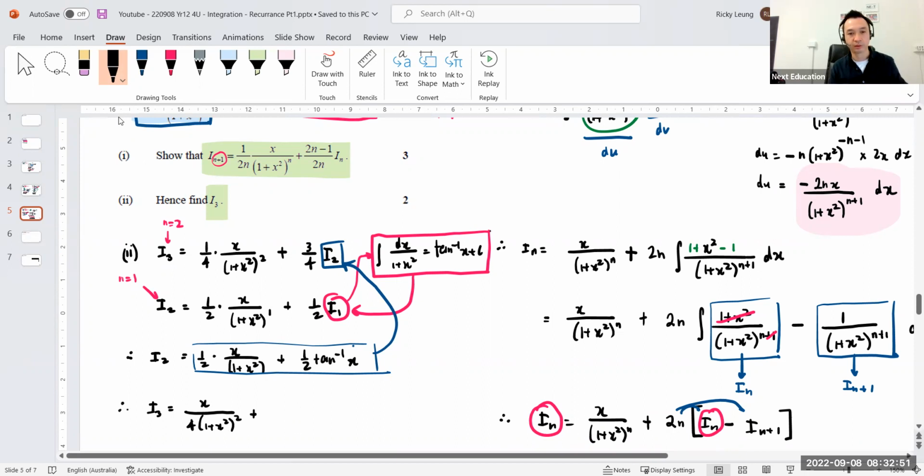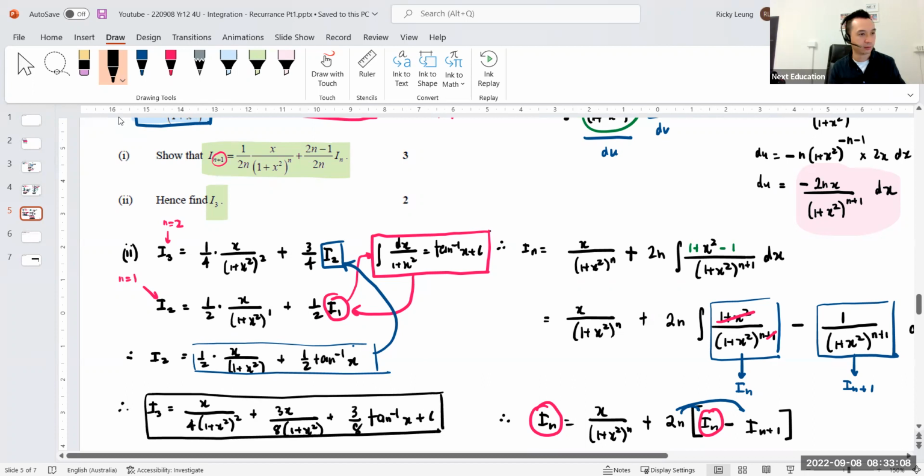So maybe I'll go 3x on 8 (1 + x²) plus 3 on 8 tan inverse x plus c. That's my answer. Quick check. Perfect. So that one there made you work a little bit harder.